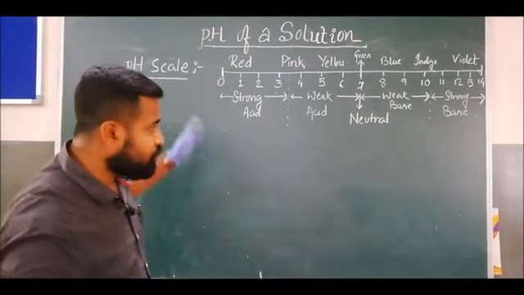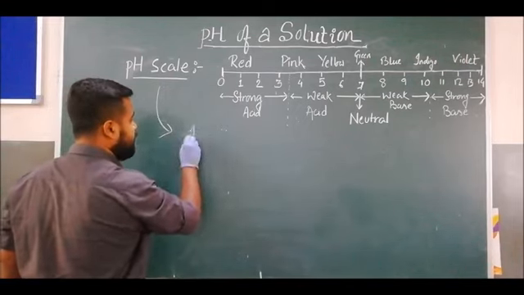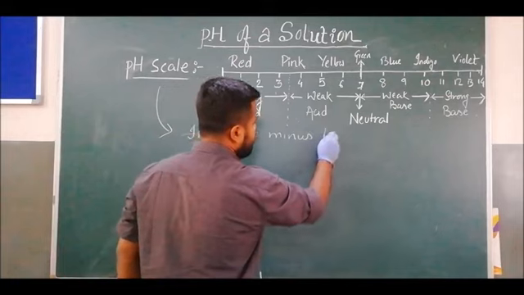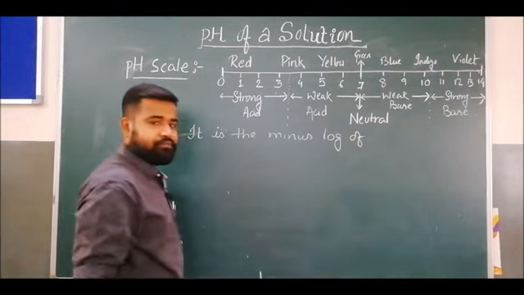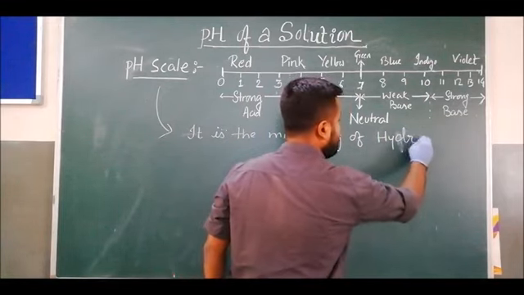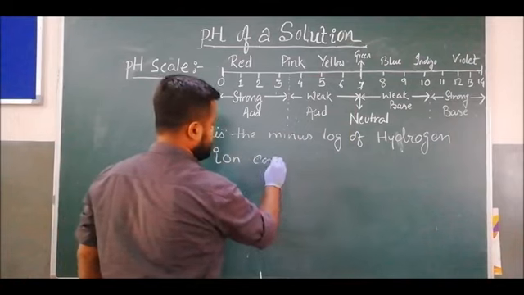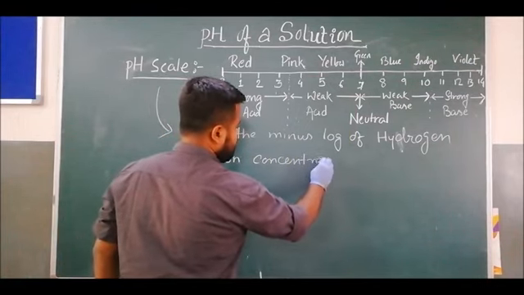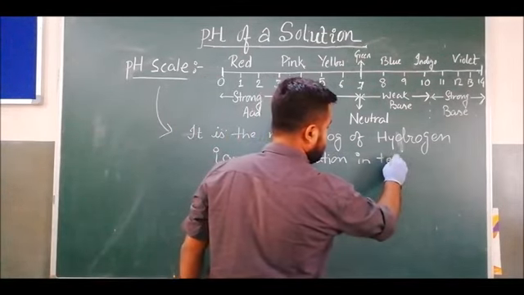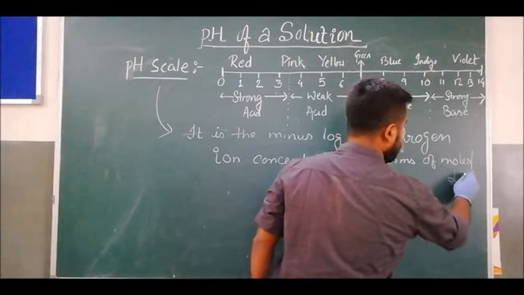So pH means, if we go to the definition part, the definition is minus log of hydrogen ion concentration in terms of moles per liter.